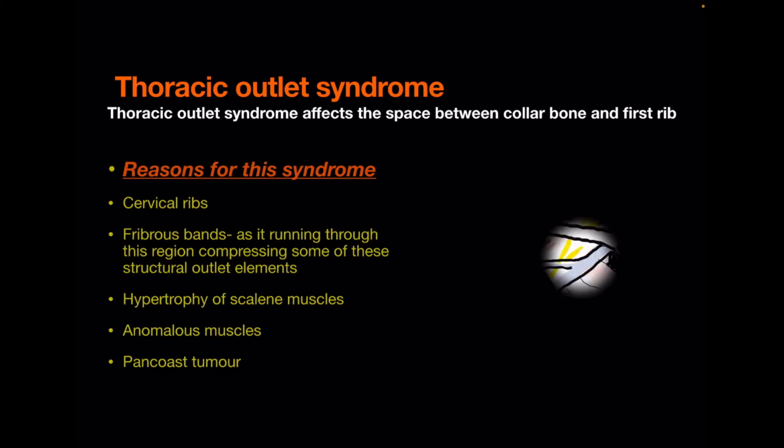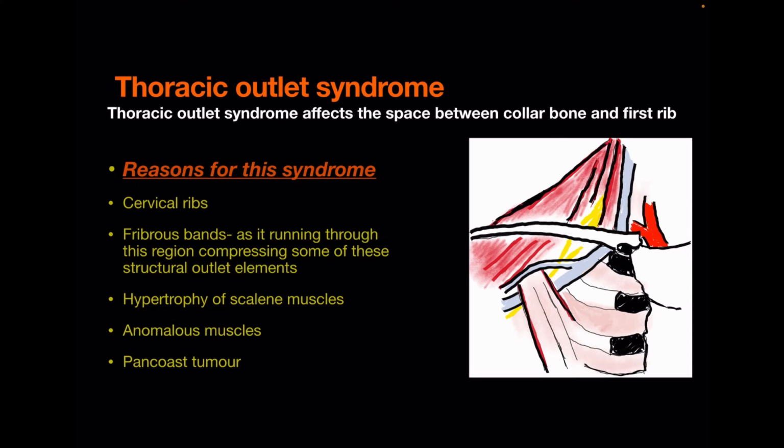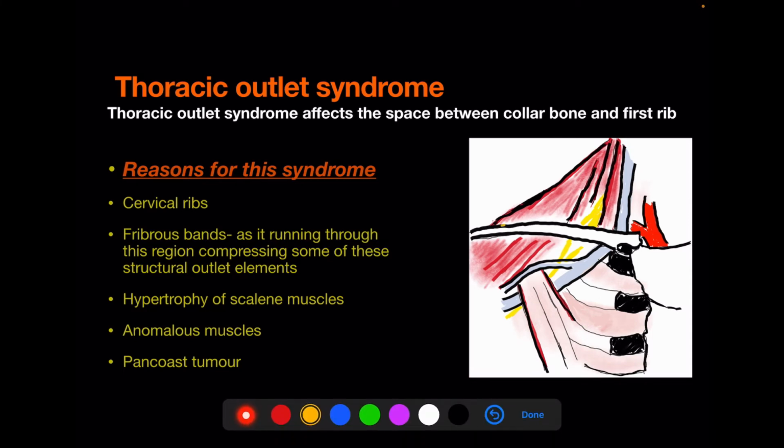So you can see in the picture that if there is any deformity, suppose like here, I'm using green, or you can assume here, it can compress the elements passing through here, like the artery or nerves, or you can say here it's veins.